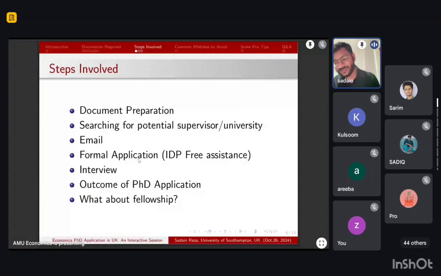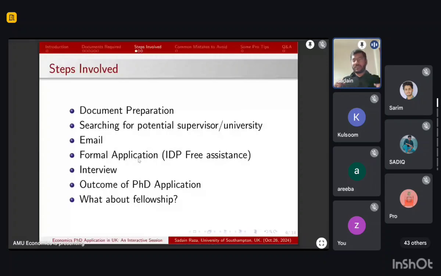They haven't paid me anything to say this. I did not get help from them because I did not know about them. But during my visa process, I got to know about them, and they helped me free of cost throughout the visa process, in a way that I was given a space where I could call them if I had any problem. So IDP is very good in free assistance, and you should reach out to them when you are having all the documents ready.